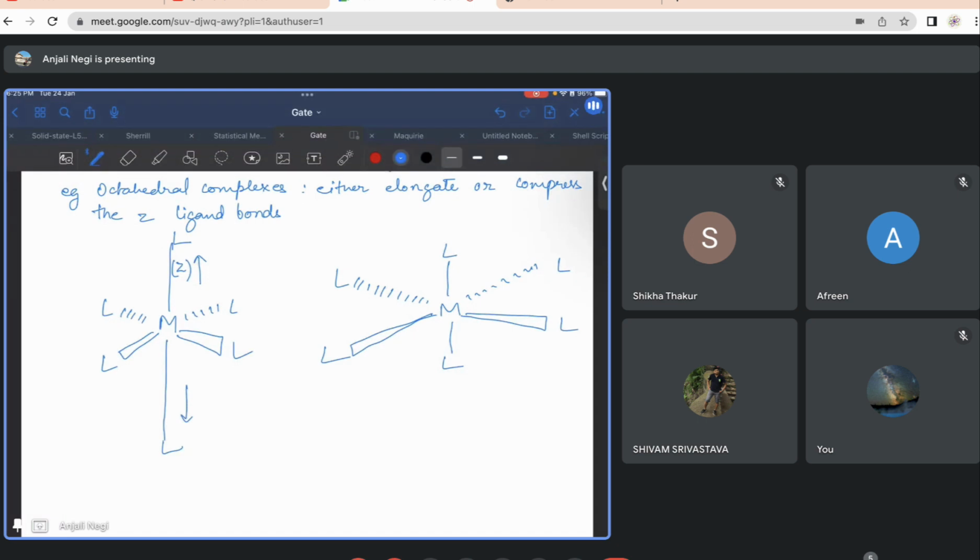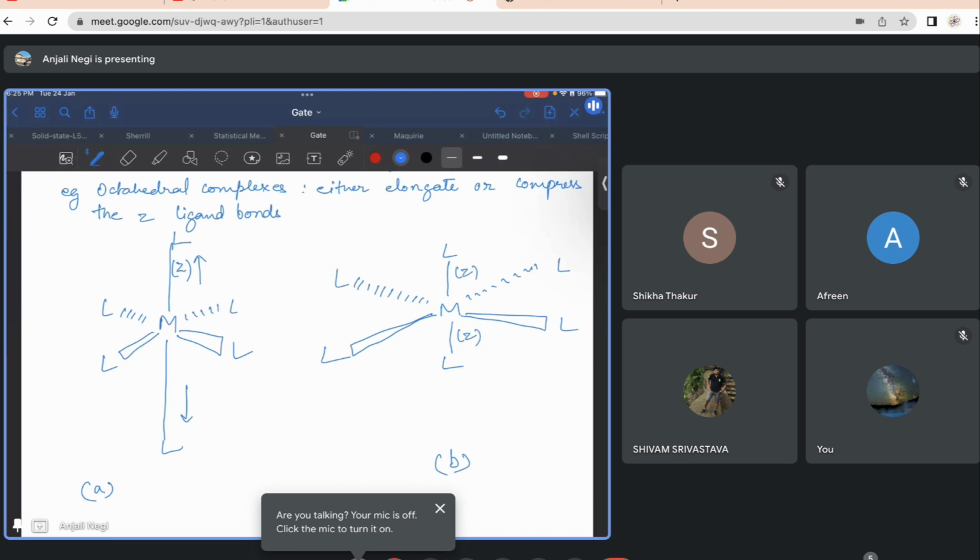We say this is axial bond elongation, case A. In case B, we observe a compression along the z-axis, or these axial bonds are compressed, which in turn elongates the other 4 bonds which are on the xy plane.